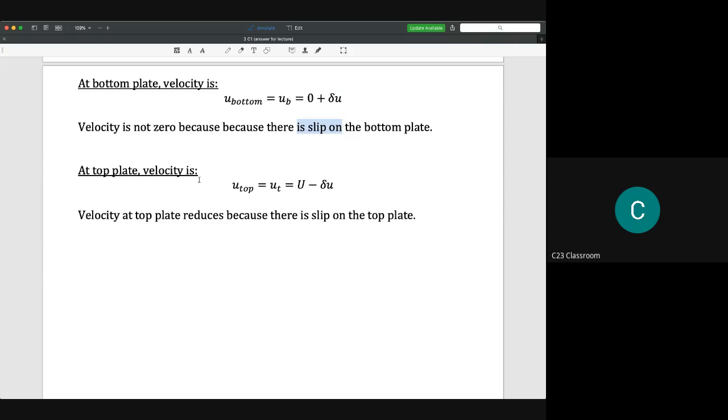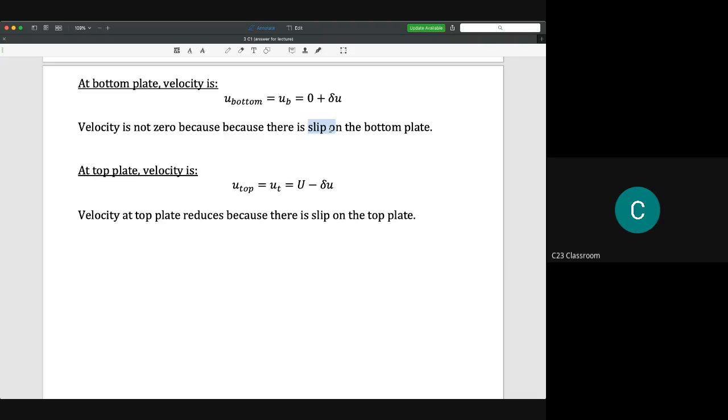And then at the top, if the molecule sticks very hard, the molecule will feel the same velocity as the moving plate. So if the moving plate has velocity capital U, the molecule will feel capital U. However, now the molecule at the top plate has slip. Slip means that the molecule cannot stick very hard on the surface.